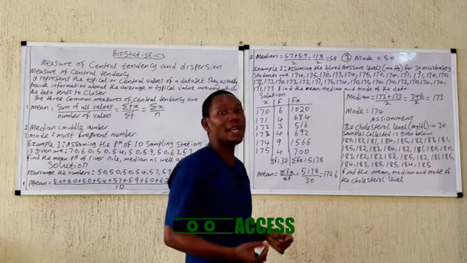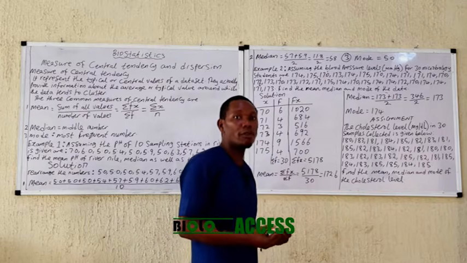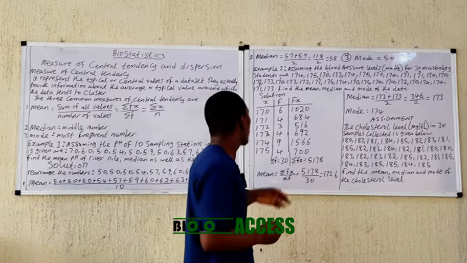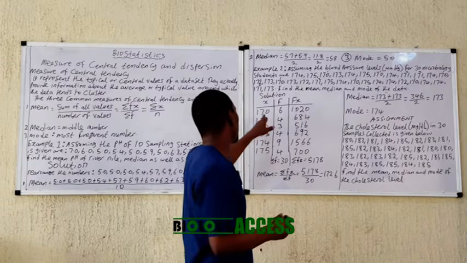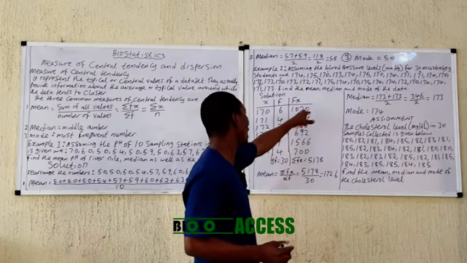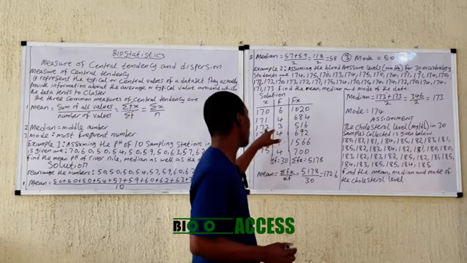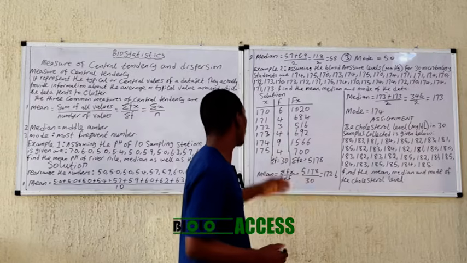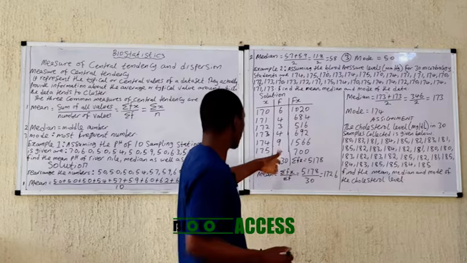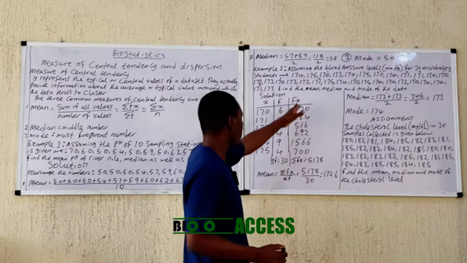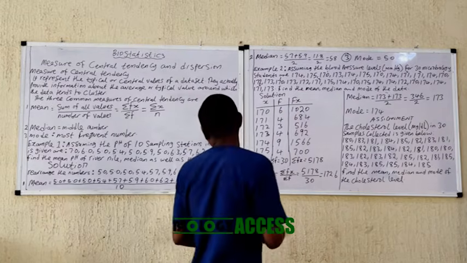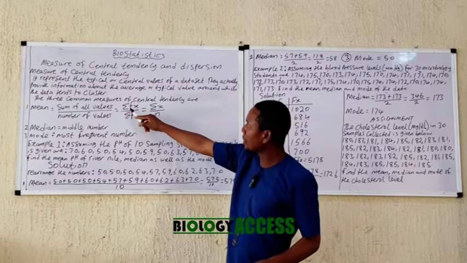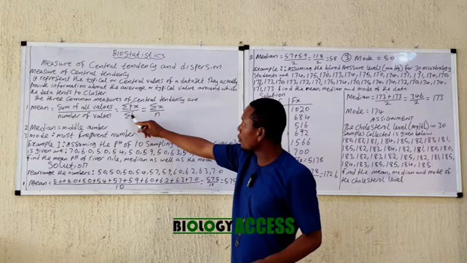Now, how do you get your mean in this kind of data? It's simple. Look for the f of x, which you have to multiply. Use this to multiply this, and you have this. Use this to multiply this, and you have this. Do the same, and you have all these data sets. Now you add your frequency together, and you add your f of x together. Now, remember the formula for mean. It's sigma f of x all over what?